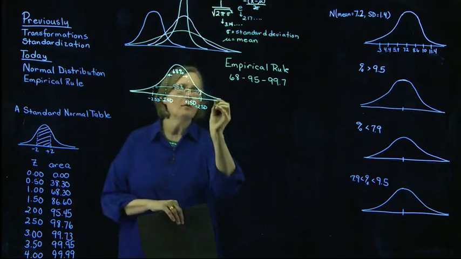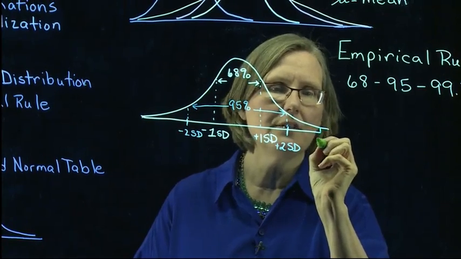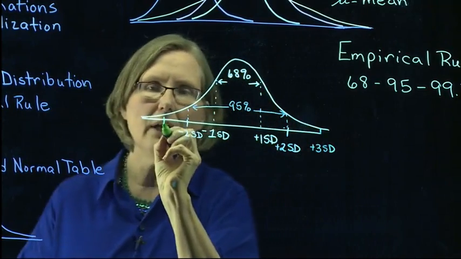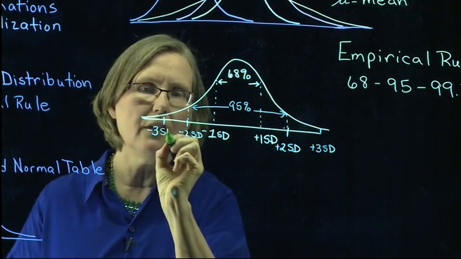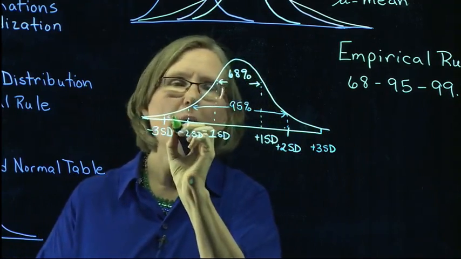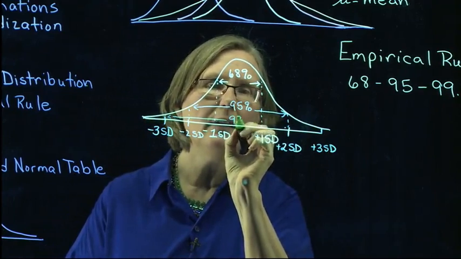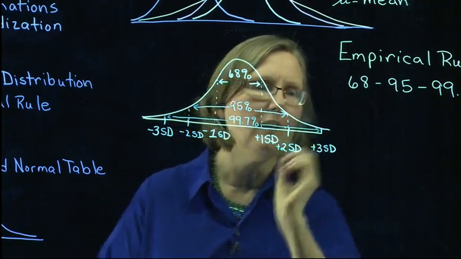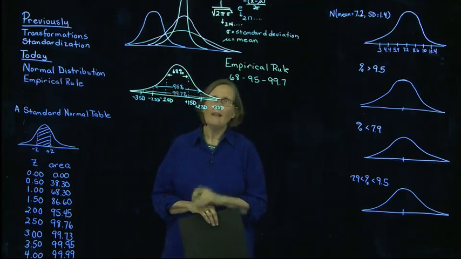And finally, if we mark off 3 standard deviations and minus 3 standard deviations, approximately 99.7% of our observations fall in that range. That's going to come in very useful.